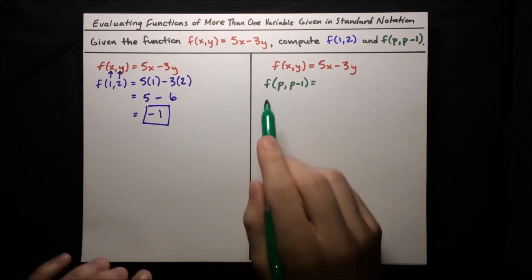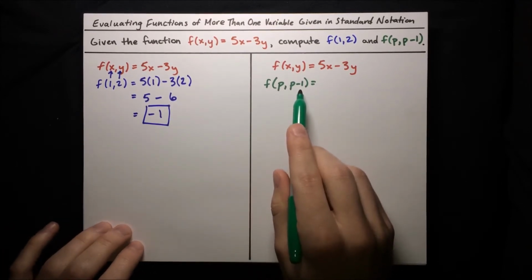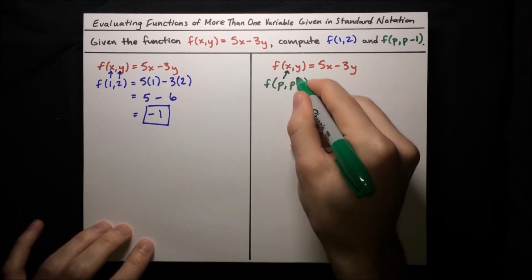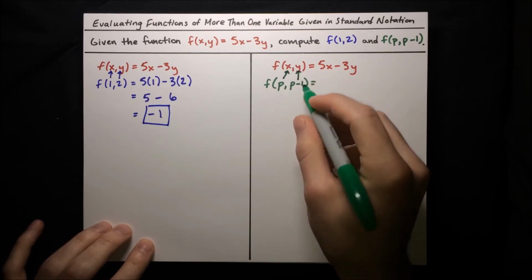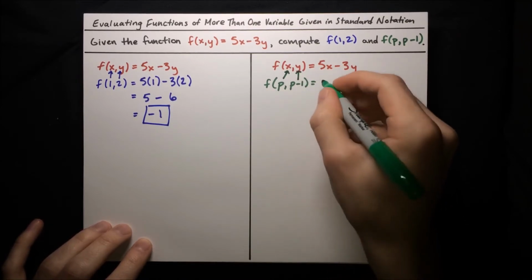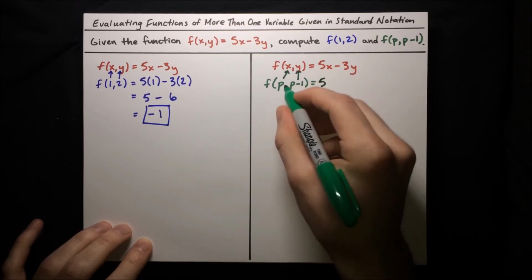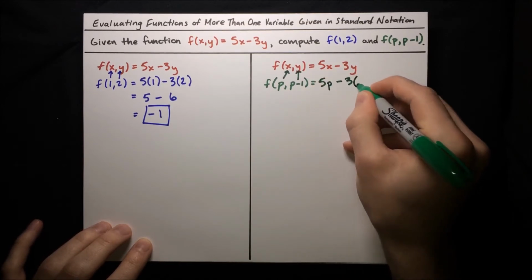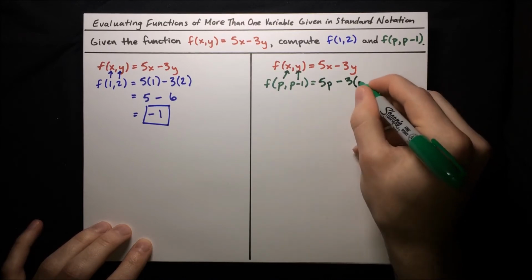Okay, now f of p, p minus 1. This is really just the same idea. p is going to get plugged in for x, and p minus 1 is going to get plugged in for y, and then we'll just evaluate. So let's go ahead and do this. 5 times x becomes p, and then minus 3 times y, and y becomes p minus 1.